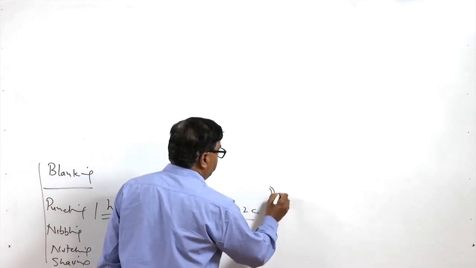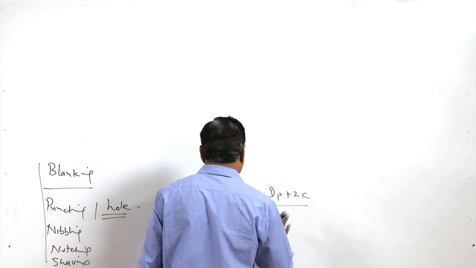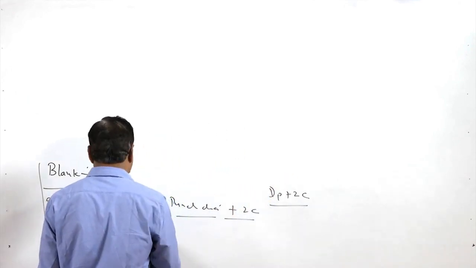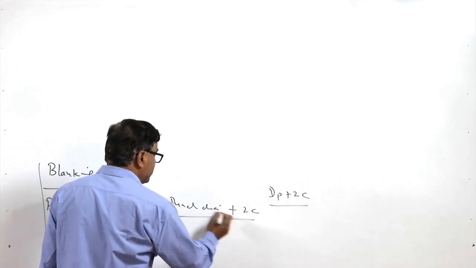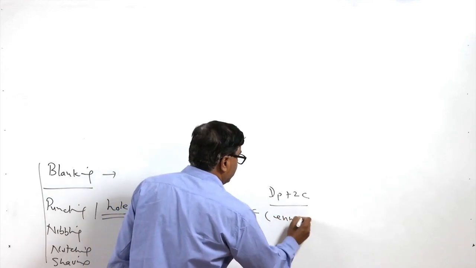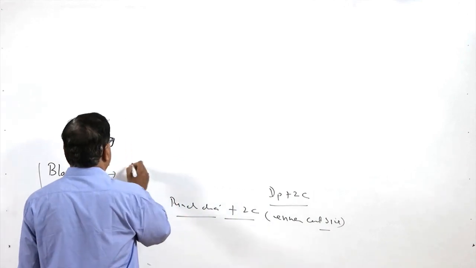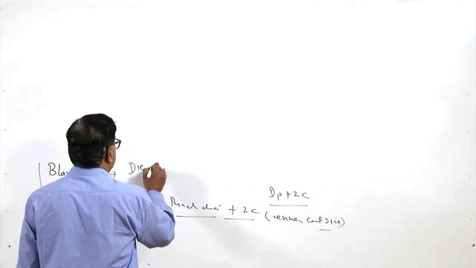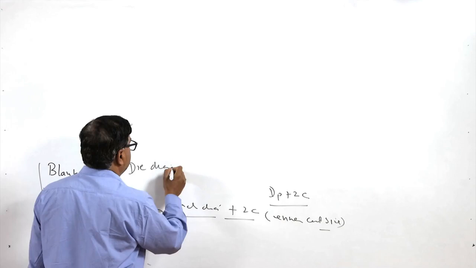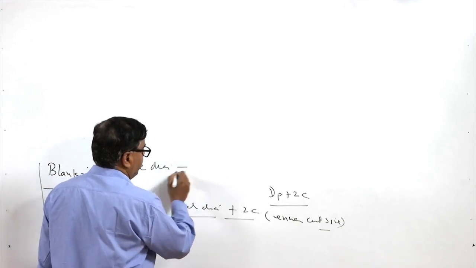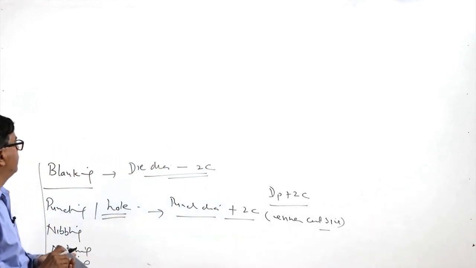So basically the punch diameter plus 2c is given for making the hole by punching, while in case of blanking, the punch governs the inner cut size, whereas the die diameter is what is controlled for blanking, and then the clearance is made negative from the die diameter.